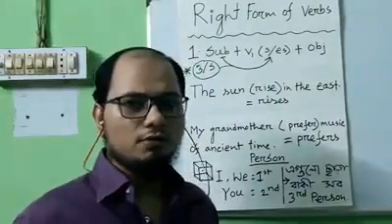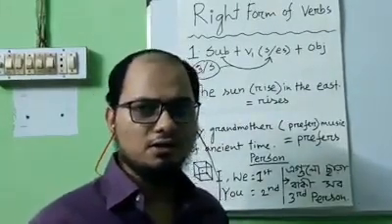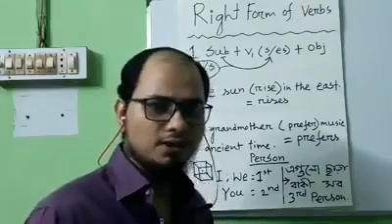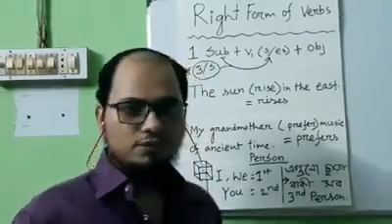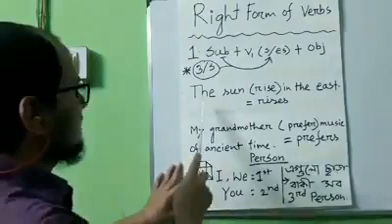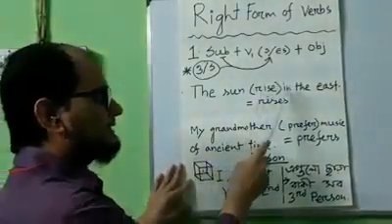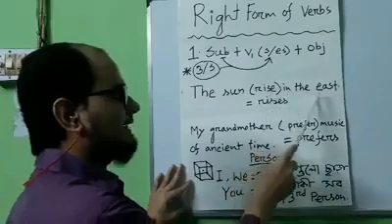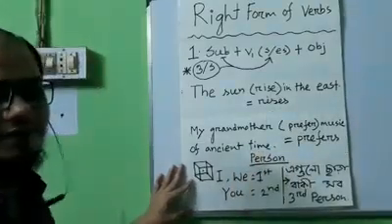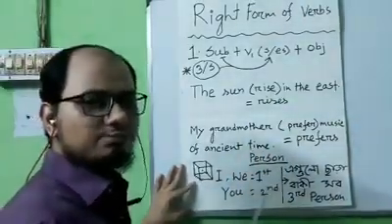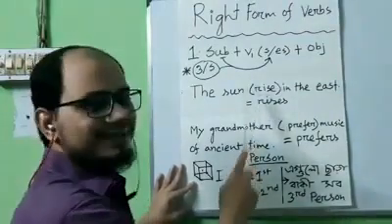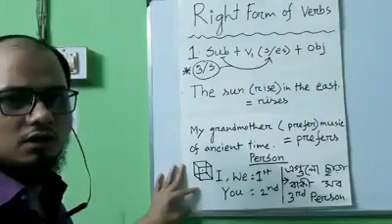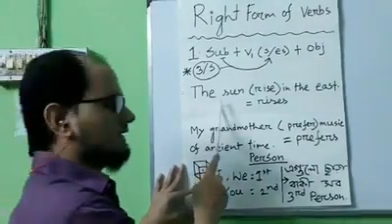So, for our proper understanding, I have selected two examples. Now, my dear students, look at the board. The sun rise in the east. Here, we have seen that there is a verb in bracket, and that is rise. Now, we should look at the subject.